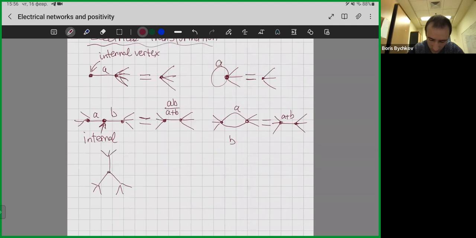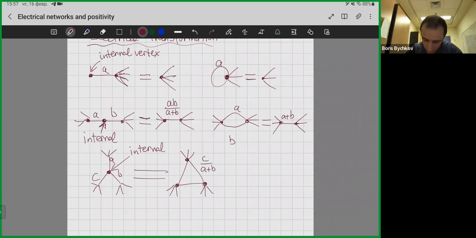If this vertex is internal, and here we have A, B, C, then it is equal to this, and here the weights are C over A plus B plus C, etc. A over A plus B plus C.